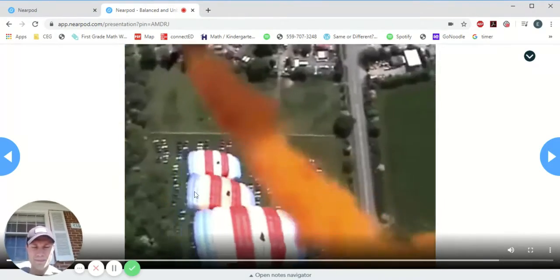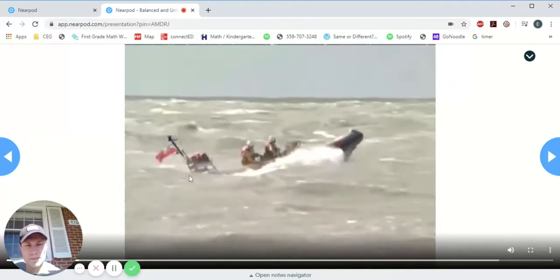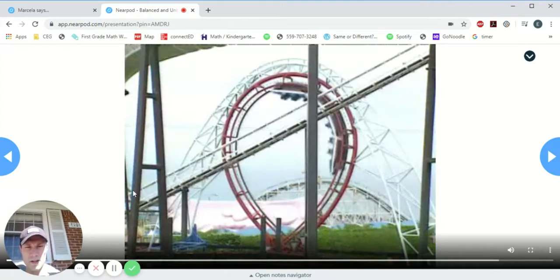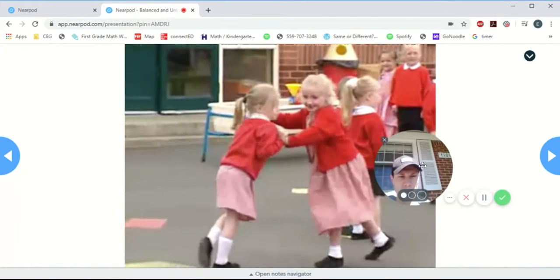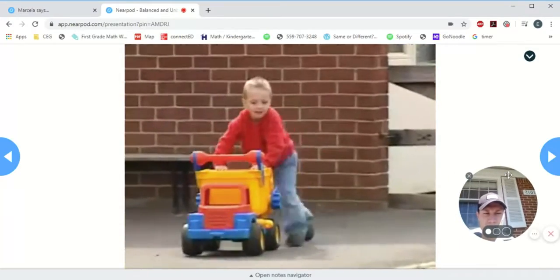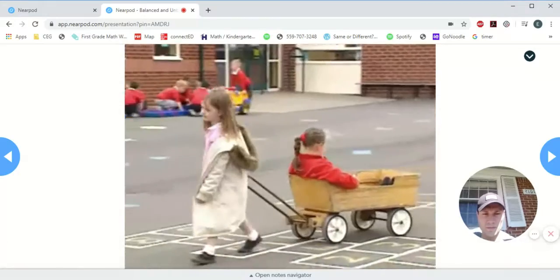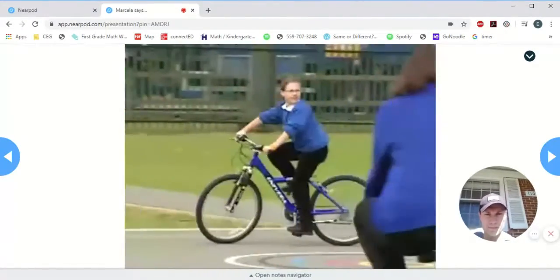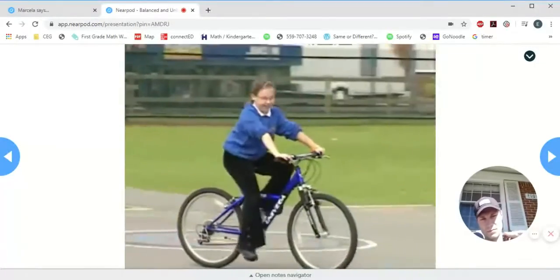Do you know where the forces are in the world around us? Looks fun. The world is full of movement. People pushing and pulling. The wind blowing in the trees. People on their bikes. None of this would happen without forces.